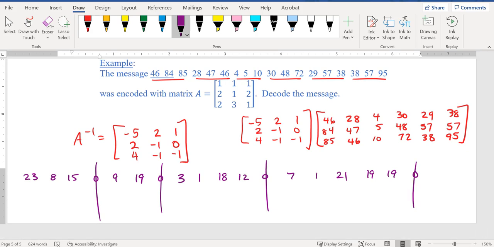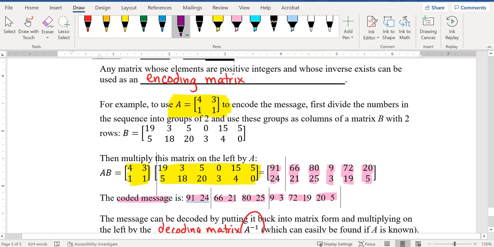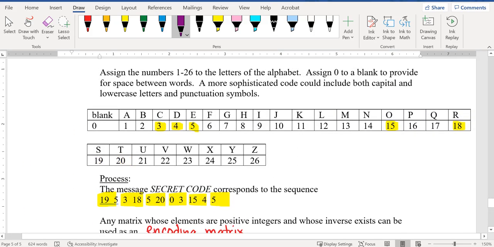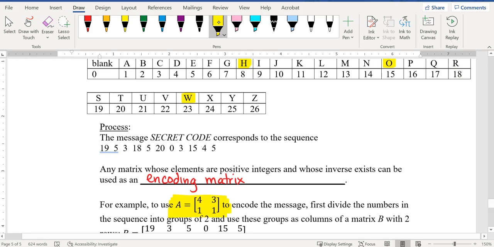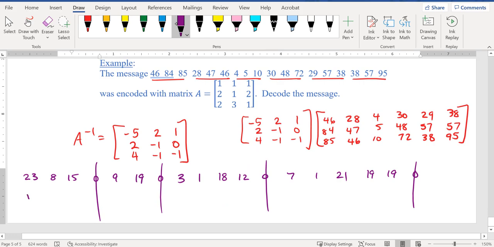What letters are 23, 8, 15? Let's go see. 23, 8, 15. So WHO is the first word.